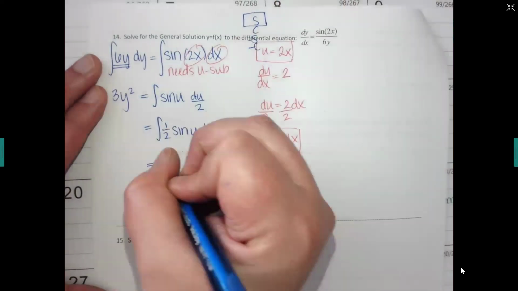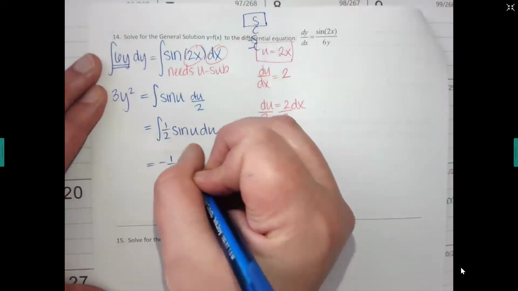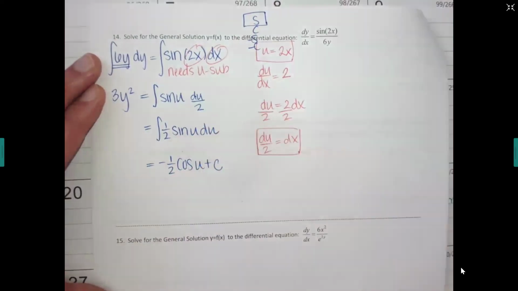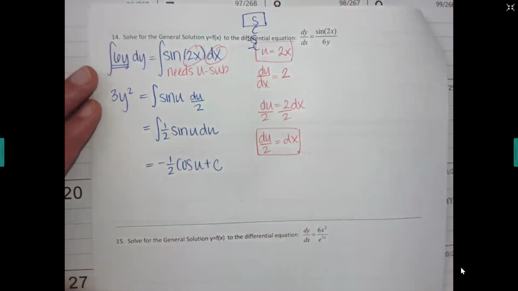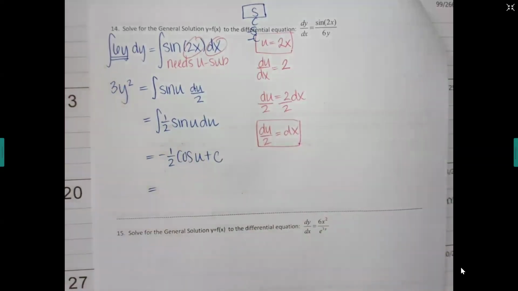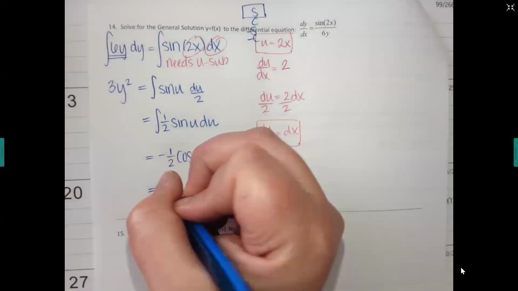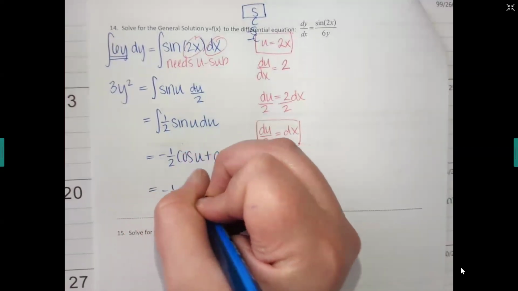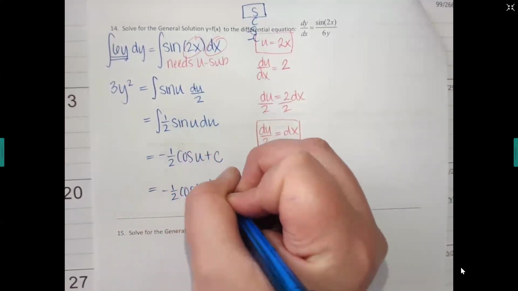Negative 1/2 cosine u plus c. The du, you can think about it, turns into a c. Remember, these are like part of the same notation. Integral du means antiderivative with respect to u. So when you do the rule, the du goes away. Okay, then from here, we're going to turn that into a cosine 2x.